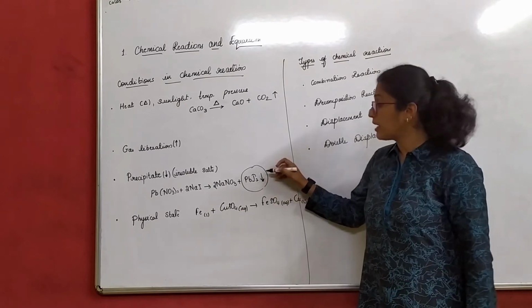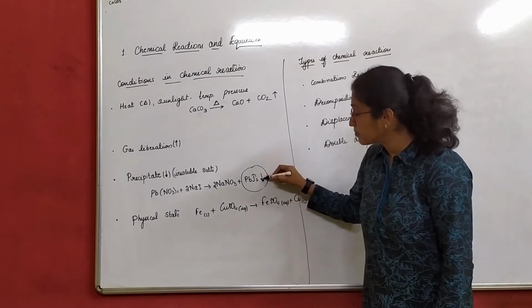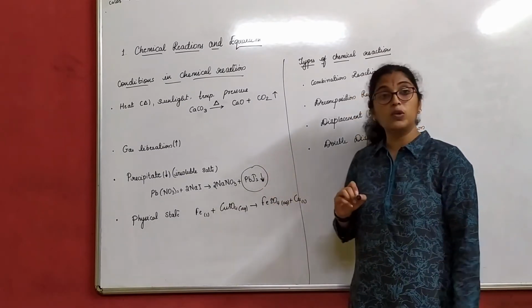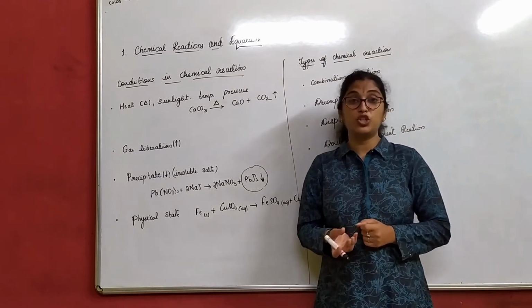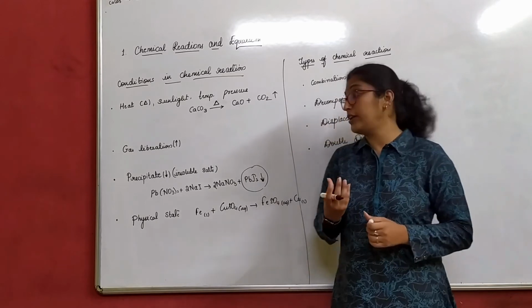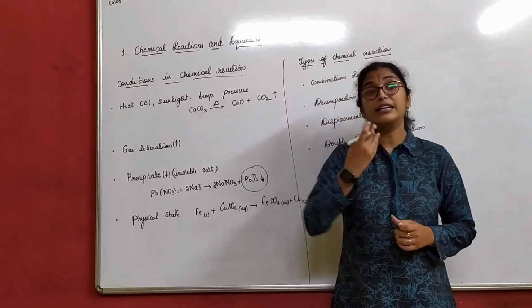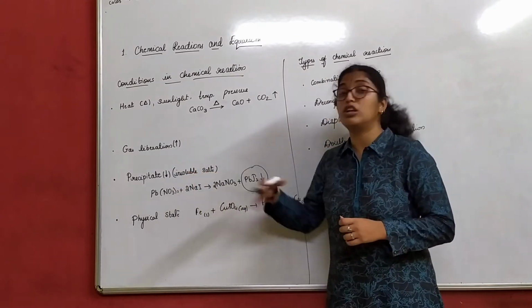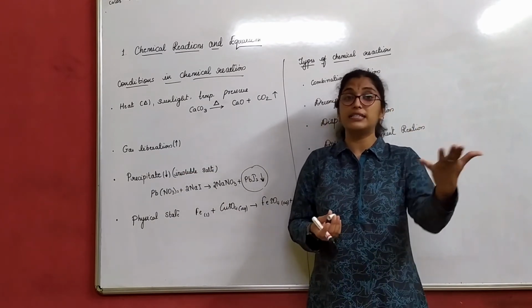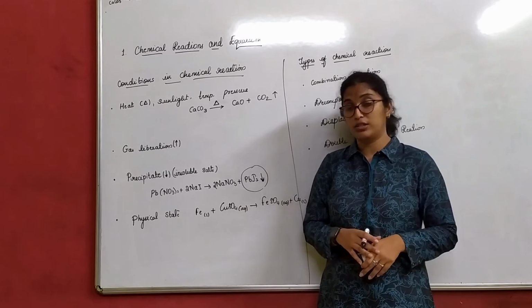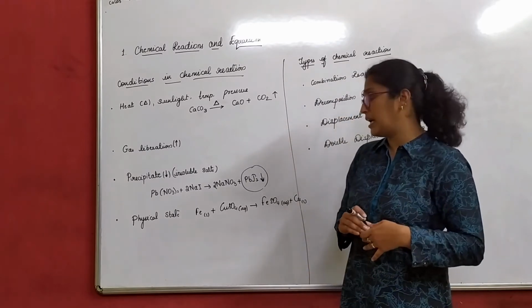How did I know? I have already given an arrow mark down. If I give the arrow mark down, it is understood that it is a precipitate. What is a precipitation reaction? A reaction which gives out an insoluble salt, or in which insoluble salts remain, is called a precipitation reaction. Right? A 1 mark question can be asked.